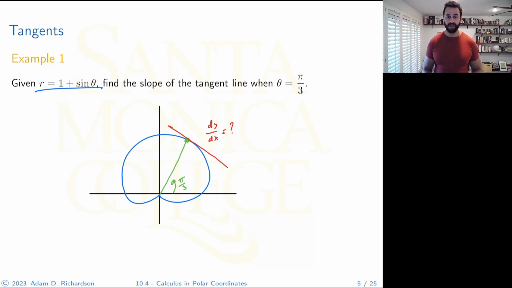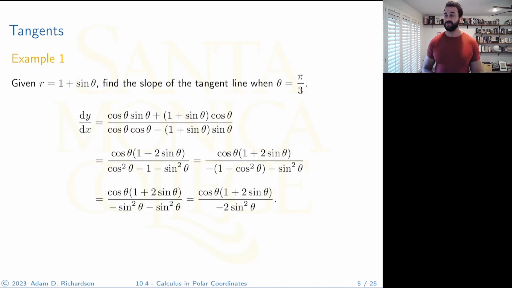That's really all we want to know. Like I mentioned back in section 10.1, even though we're describing these curves in a different way, we want to be able to do calculus with them and find these calculus results. So we're just going to use the formula. We literally just plug in our information to the formula.